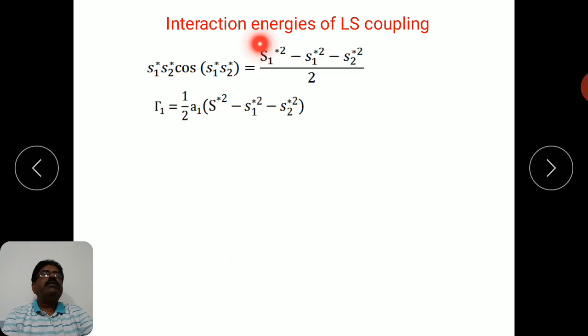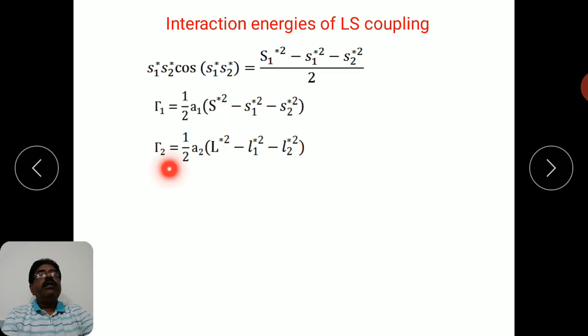It should be S star square only here. So by rearranging the terms, we can write gamma 1 is equal to 1 half A1, S star square minus S1 star square minus S2 star square. So this 1 by 2 is considered 1 half, and the constant we have substituted here is A1. A1 is a constant, and what that constant is, we are going to define later on.